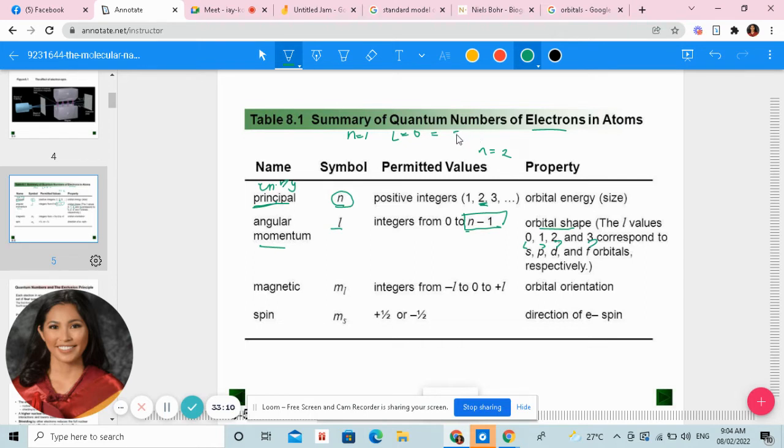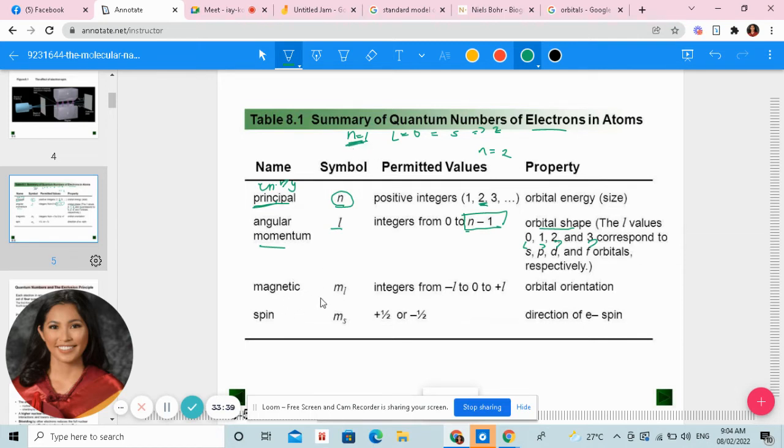S orbital. How many electrons? 2, ma'am. All right. So, in what energy level? S subshell, energy level 1. Okay, shell 1 or energy level 1.